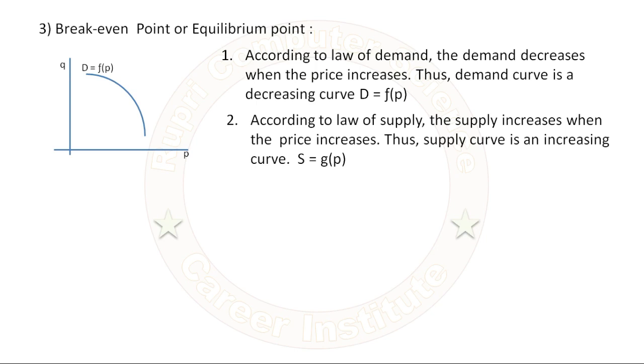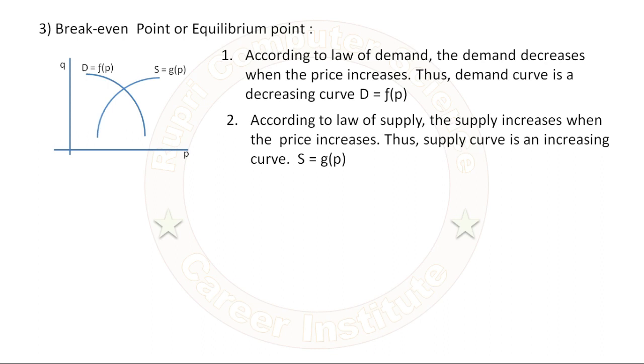S is equal to G of P. Now I draw the supply curve in the same diagram. This is the supply curve, an increasing curve, and now name it S is equal to G of P.